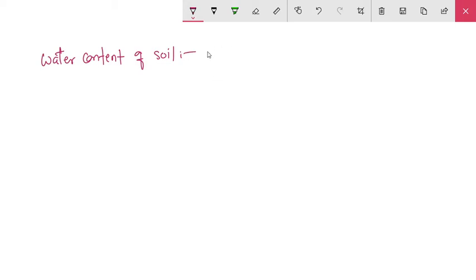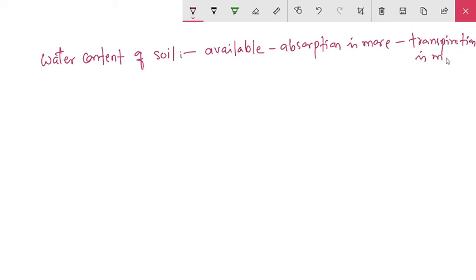When there is enough water present in the soil and water is available, then the rate of absorption is more, and when absorption is more, the transpiration is also more. So when there is less water available in the soil, ultimately, to protect the plant, the rate of transpiration also reduces.